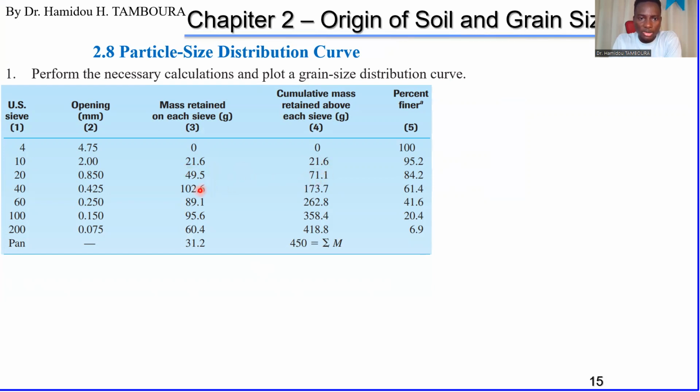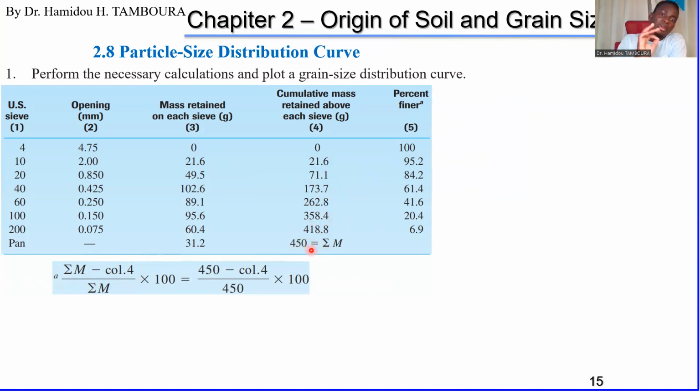This one plus this, you get this. This plus this, you get this. This is the formula explained here. And then at the end, you will get the total mass of your soil sample.